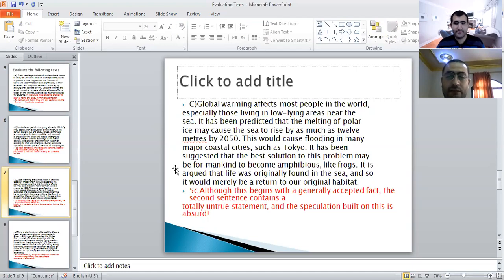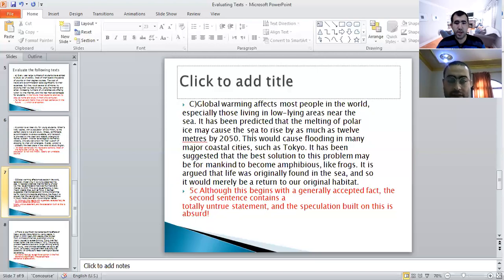It has been suggested that the best solution to this problem may be for mankind to become amphibious like frogs. It's argued that life was originally found in the sea, and so it would merely be a return to our original habitat. When you look at the answer, although this begins with a generally accepted fact, the second sentence contains a totally untrue statement.